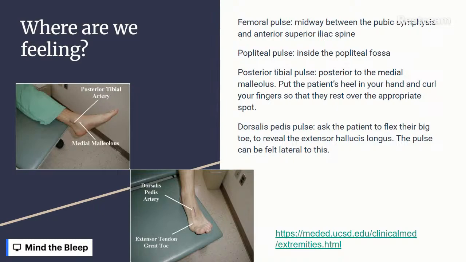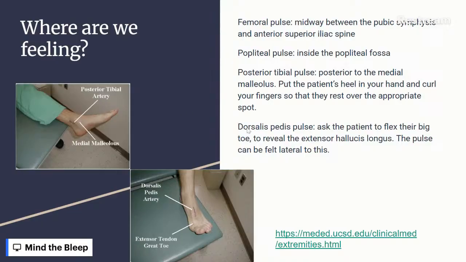So definitely practice on someone else to get comfortable with it. And it can be a bit tricky to find, particularly on older patients. So just practice on people with good vivacious pulses, so that you can get comfortable knowing where it is.